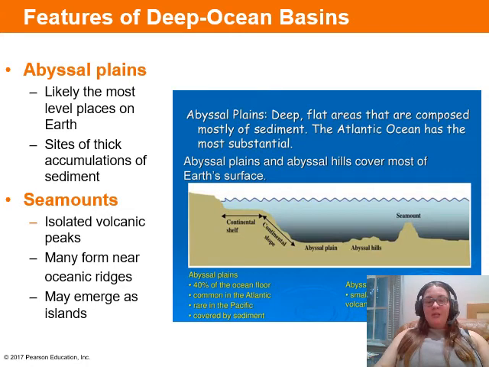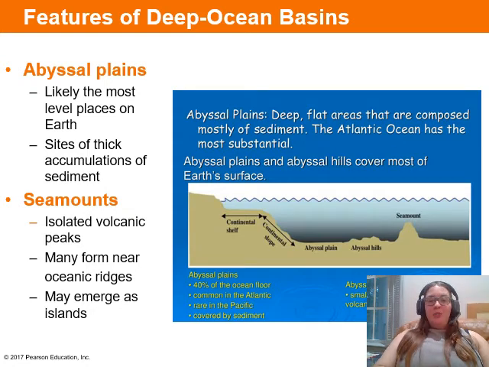And that's because these abyssal plains are found along the edges of our continental rise. All of the sediment that's coming into our ocean is going to be sliding down the continental slope, go through the continental rise, and then it's going to start layering up in these abyssal plains. So here we just have really thick, I'm talking about miles thick layers of dirt and sediment sitting on top of our seafloor.